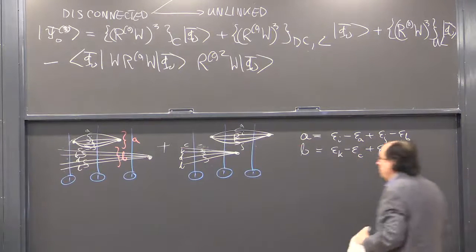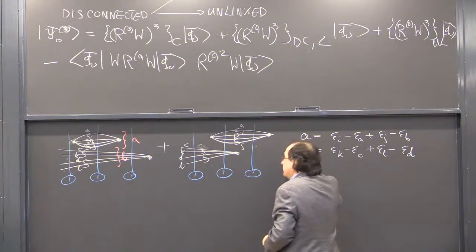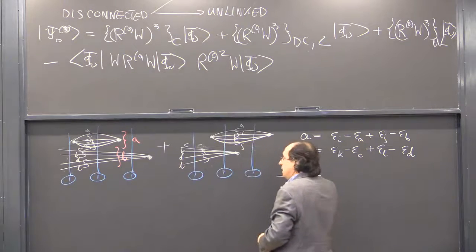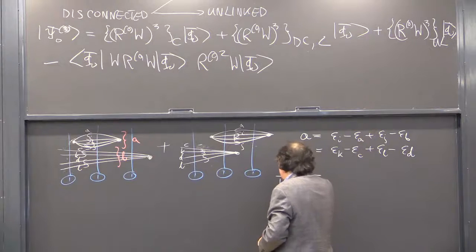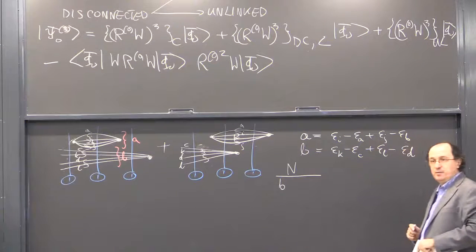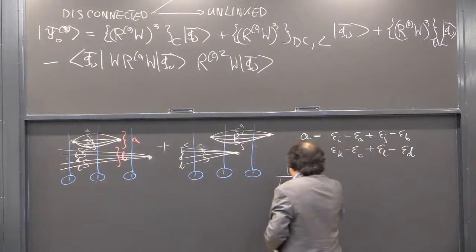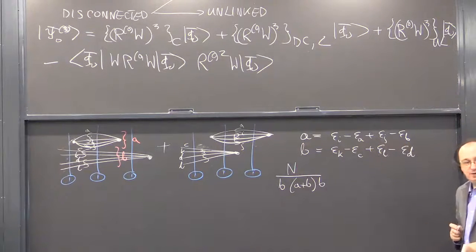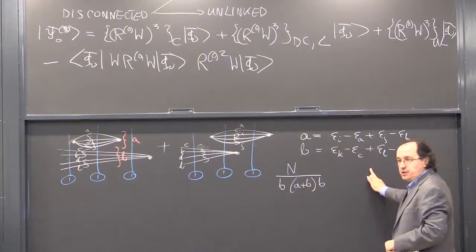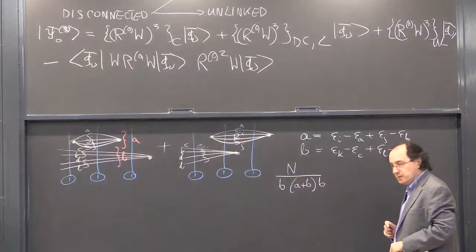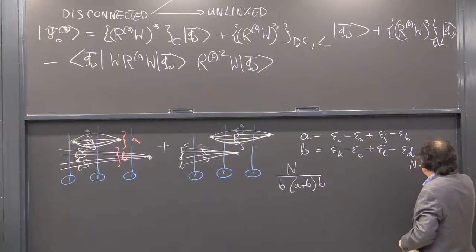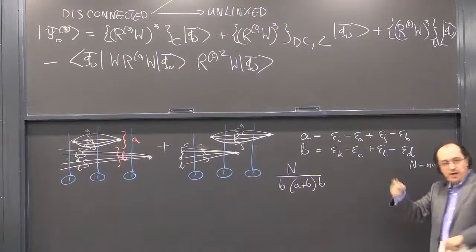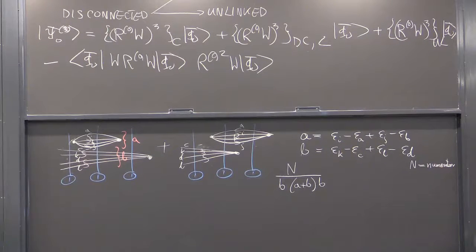So what is then the formula for these two diagrams? Well, it is N over... In the first diagram, I'm slicing first lines that are called here B. Okay, the B lines forming that part of the denominator. Then I have A plus B, and then I have B again. That's how the first diagram looks with these definitions. Okay, and N being the numerator, which has weights, scalars, signs, and the operator parts.